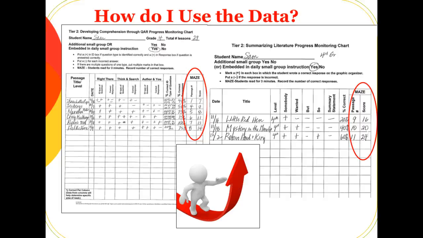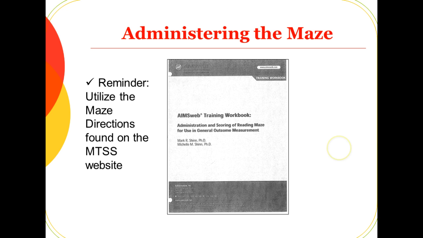He really used passage 1 for his baseline, and then he used 4 through 8 as his progress monitoring. So when I get to summarizing the main idea, I would be starting with passage 9. And from looking at Sam's scores, I can see that he is making progress.